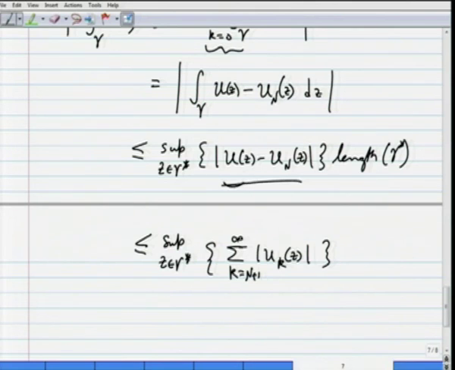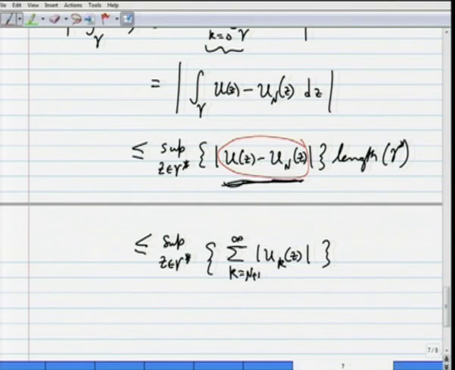Notice that the thing within the modulus is equal to this tail, sigma k equals n plus 1 through infinity of u k of z.